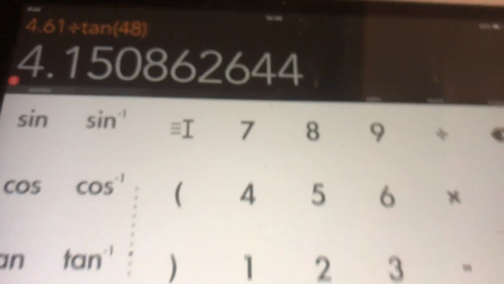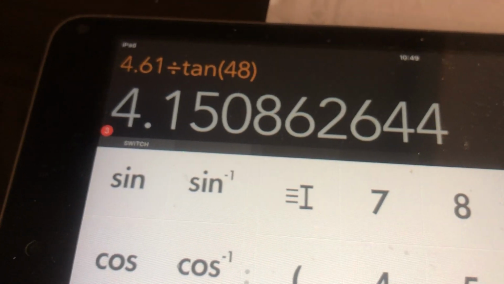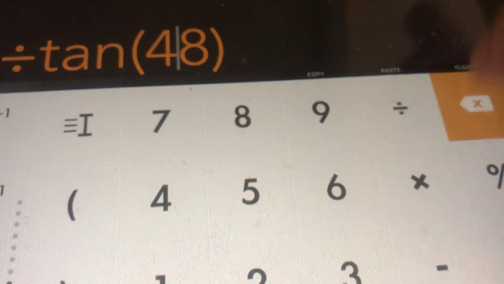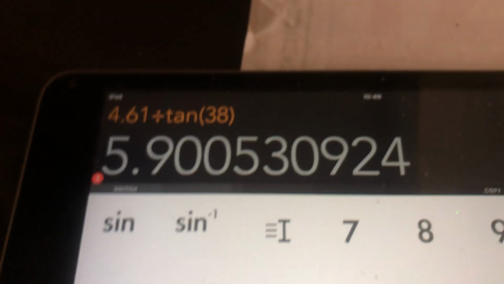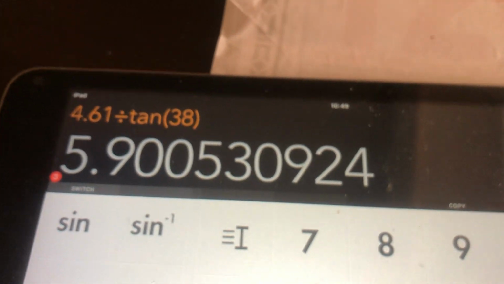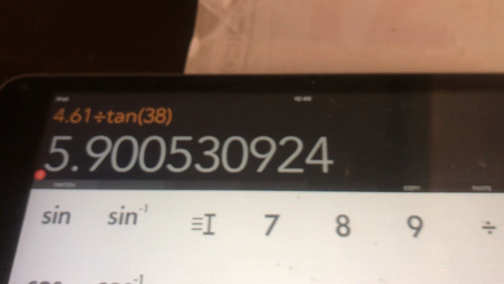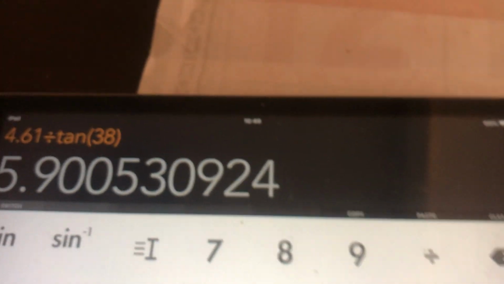So 4.61 divided by tangent of 38, which gives you this. Right, close. It's near 5.91. It's 5.9. So that's the measure. Okay?